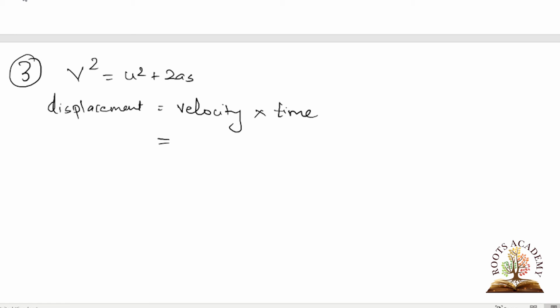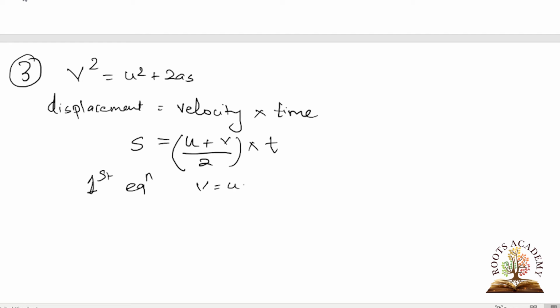Similarly, velocity will again be initial velocity plus final velocity upon 2, which is nothing but our average velocity, into time t, and the displacement is going to be s.